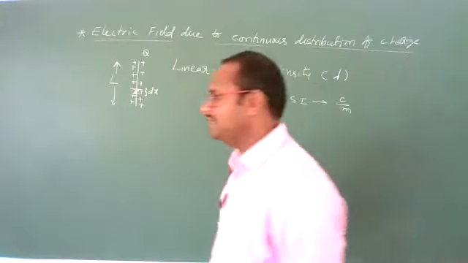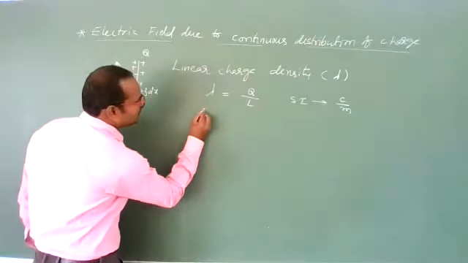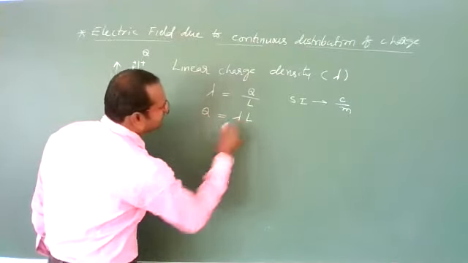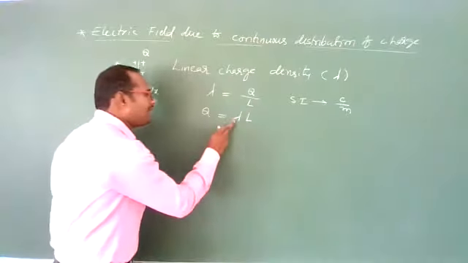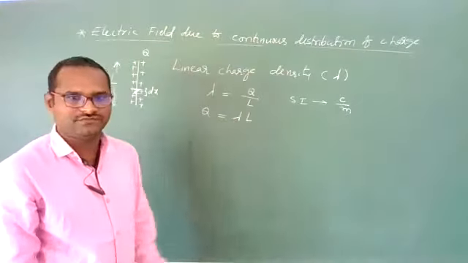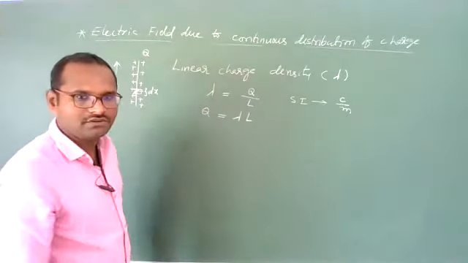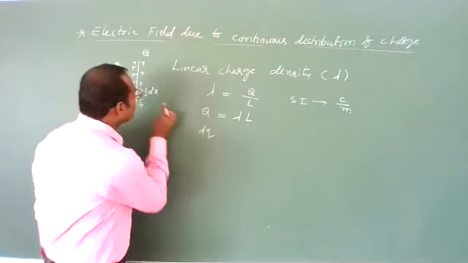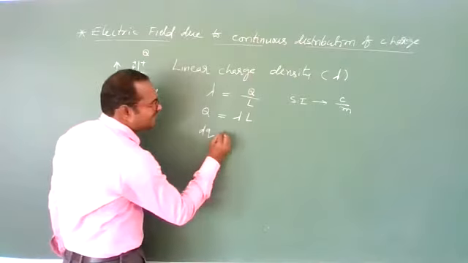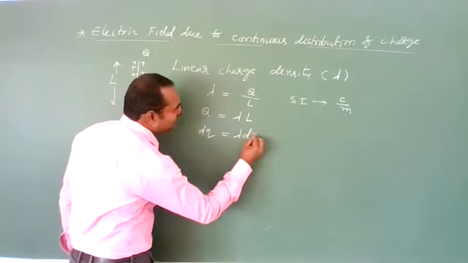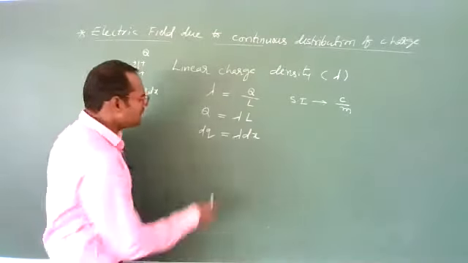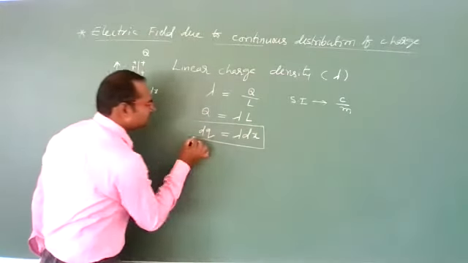If you want to find it, total charge Q is equal to lambda into total length L. This lambda will be constant, uniform. Now small charge dq distributed on length dx can be written as lambda into dx, or if it is dl, lambda into dl. This you need to remember.